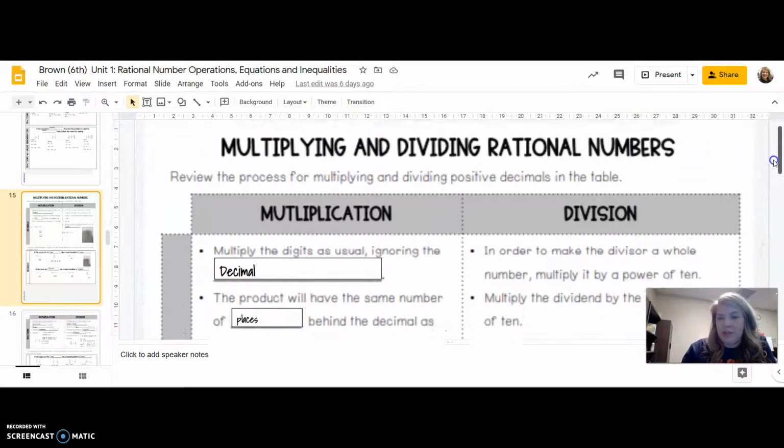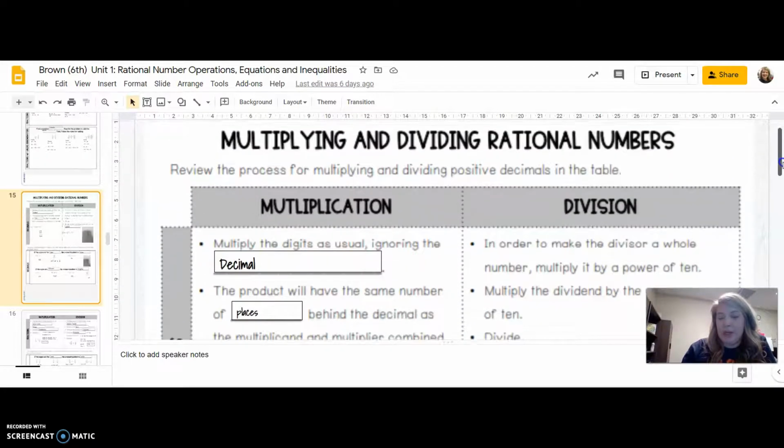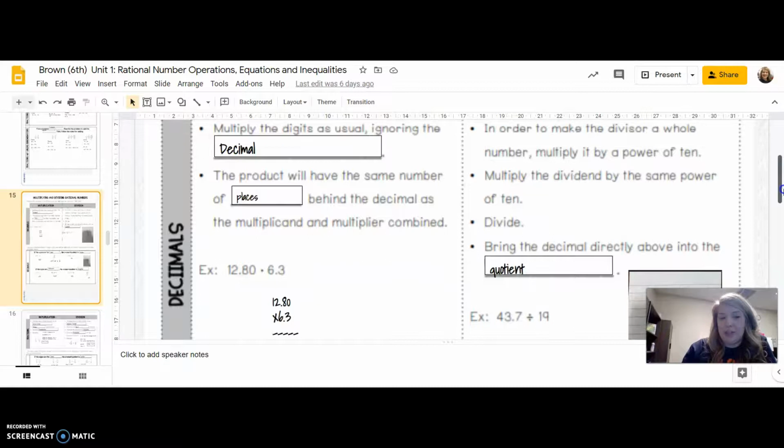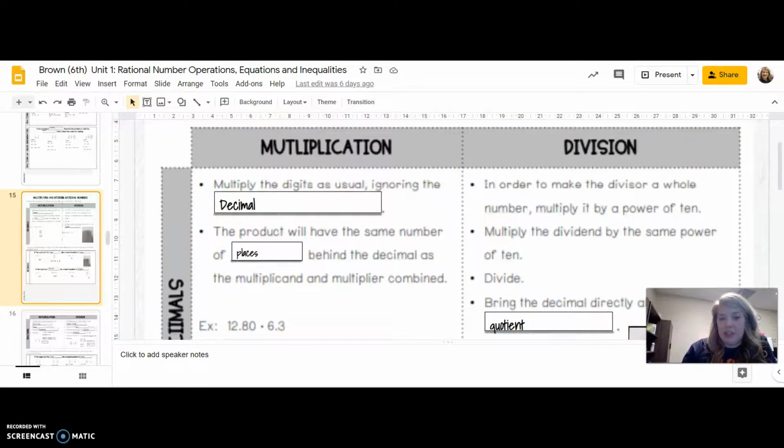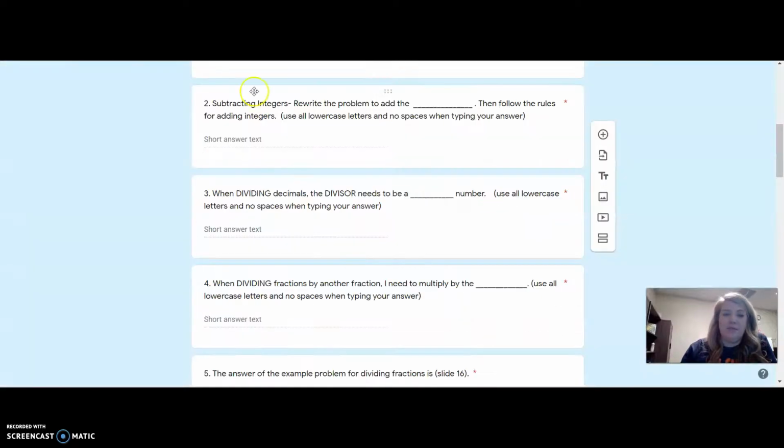So here's multiplying and dividing rational numbers. Here's the decimal section. Here's the multiplication section. Here's division. Okay, so I'm dividing decimals. In order to make the divisor a whole number, multiply by a power of 10. When dividing decimals, the divisor needs to be a whole number. Okay, we clear the decimals out.